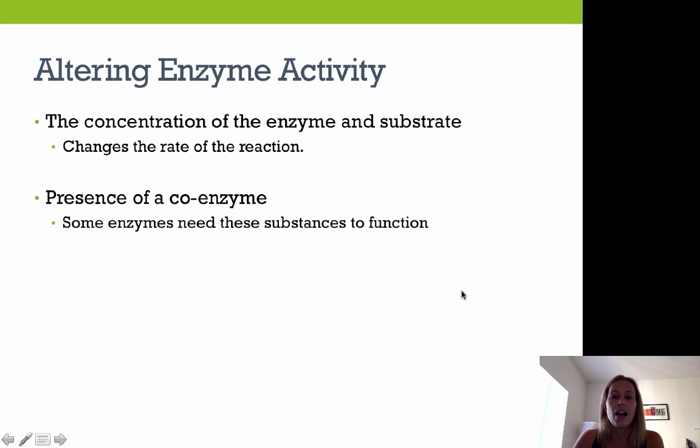We can also alter enzyme activity by either increasing the concentration of the enzyme or increasing the concentration of the substrate. If we have a lot of enzyme and very little substrate, that reaction is going to go very, very fast, because we've got a lot of enzyme available to catalyze reactions, and that chemical reaction is going to go forward very quickly.